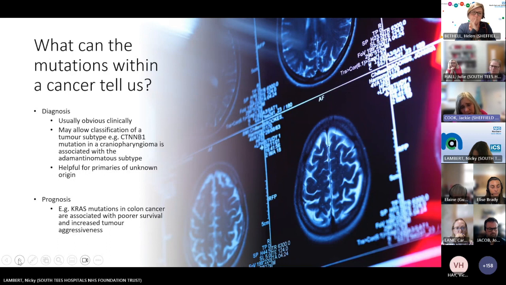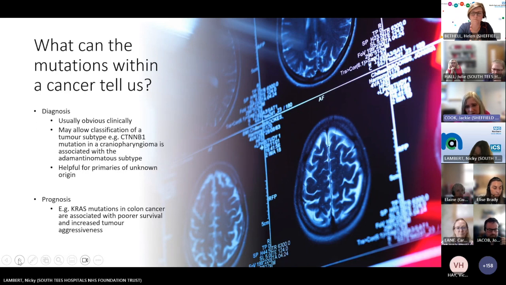So perhaps at this moment in time, a fairly limited application in terms of diagnosing what type of cancer it is. What it can help with is tell us a little bit about the prognosis of that cancer, because we know that if we find particular genes damaged within that cancer cell, that gives us some information about how that cancer is going to behave.